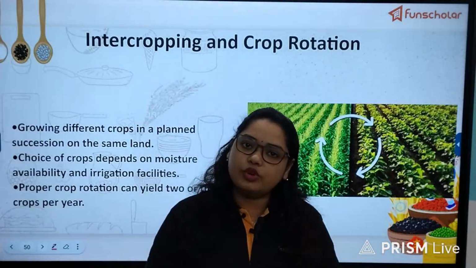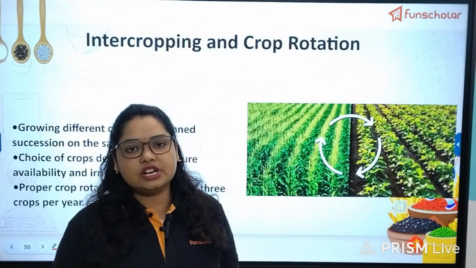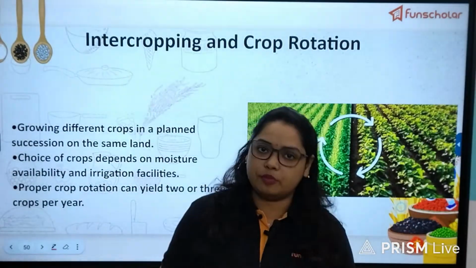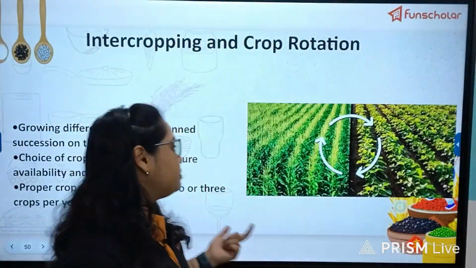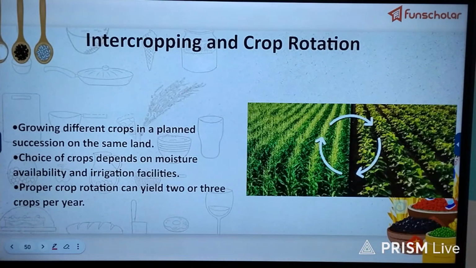So we should aim for replenishment of the nutrients through the organic process in the next cropping season. In this manner we plan the cultivation of the crop in crop rotation.